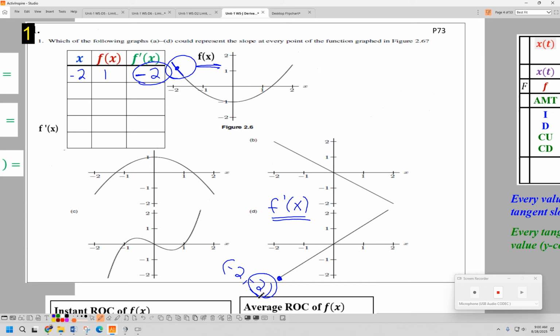That's the connection you have to keep making. The y values on this graph are telling you the slopes on this graph. That's the connection. Super fundamental. You will never stop using that all year. Okay?